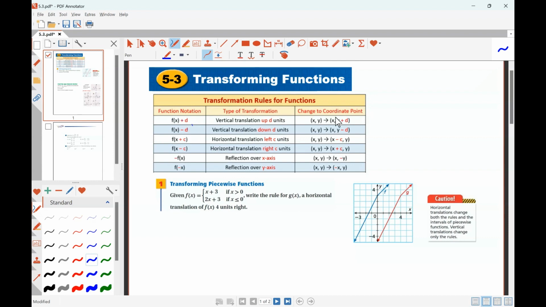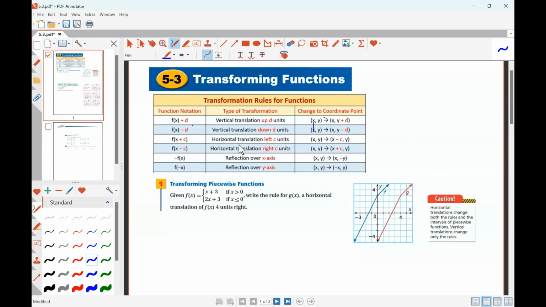So if you want to move the points, you also move the y value d units up to go up and d units down, subtract d from y. So your x won't change because the change is vertical, only the y values will change in the points. What about horizontal translation?